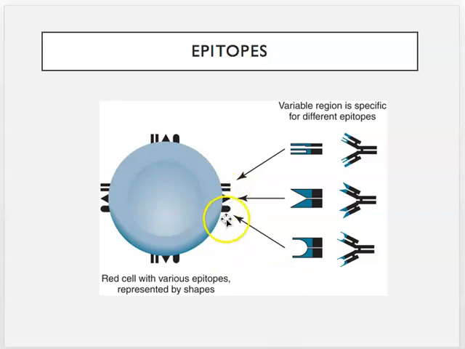So you've got the antigens, or the epitopes that are on the cell surface, and then you've got these little Y-shaped things here that symbolize your antibodies, circulating antibodies, and then the other side of the lock and key mechanism is the part that is specific to the particular antigen, and you can see this is the same shape as what's on the end of the antibody. So this antibody is specific to this antigen.